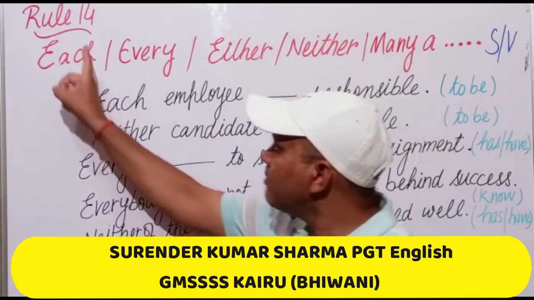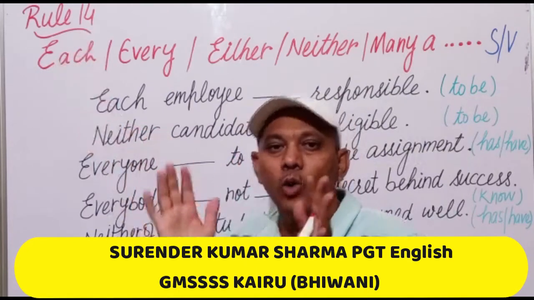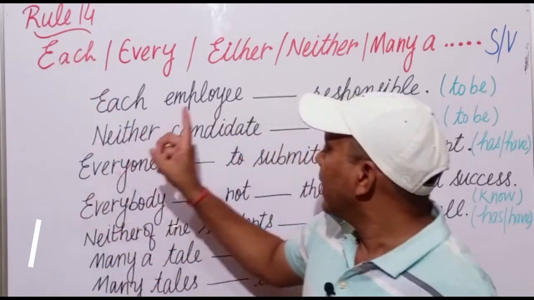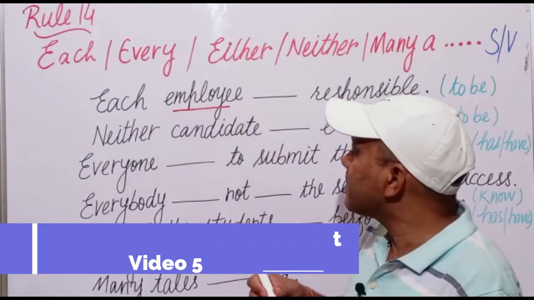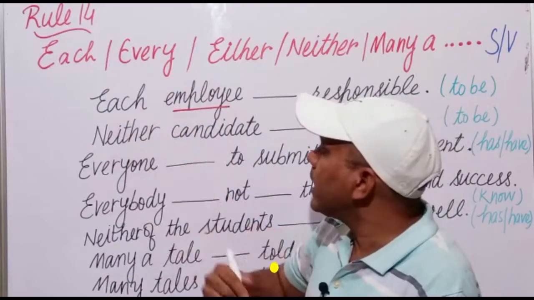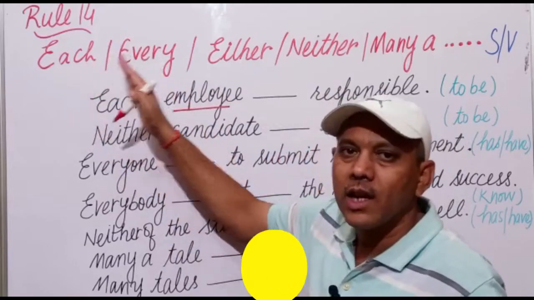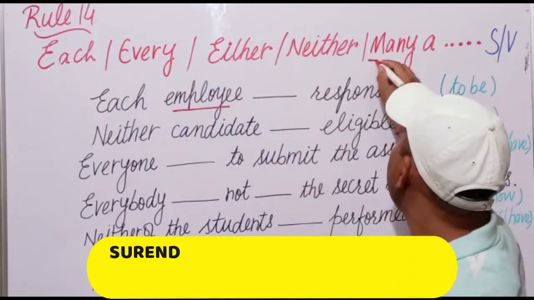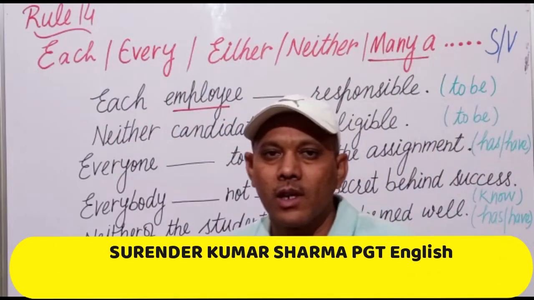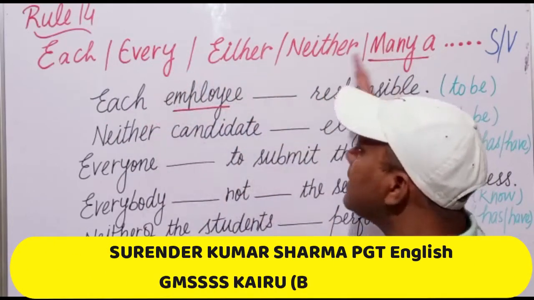Now we come to rule number 14. Rule number 14 says, if a subject or a noun is preceded by these words: each, every, either, neither, or many a. These are 5 words.